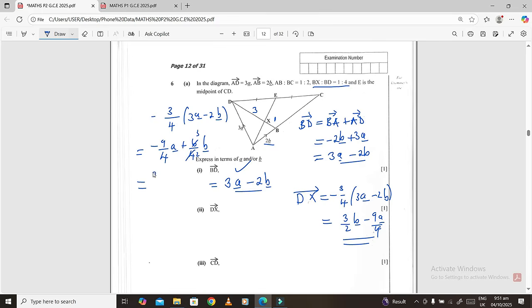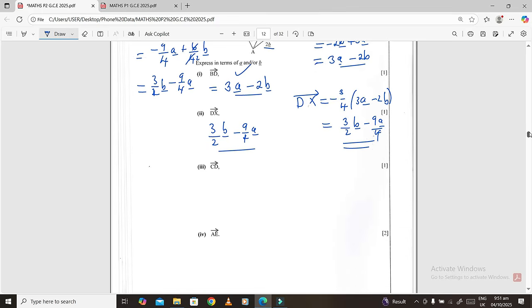So this is 3 over 2 B minus 9 over 4 A. This is how I got this answer right over here. So we can write that this is 3 over 2 B minus 9 over 4 A. It's our answer. We go to the next one.